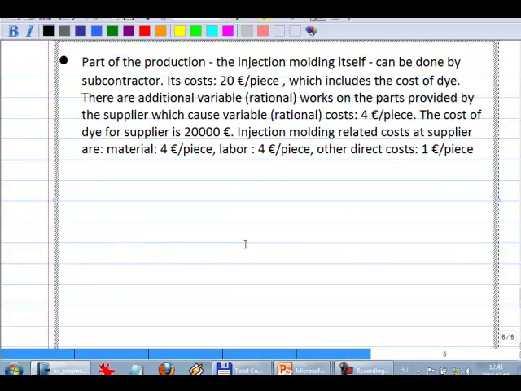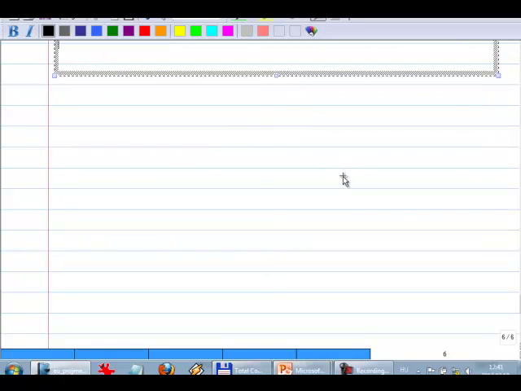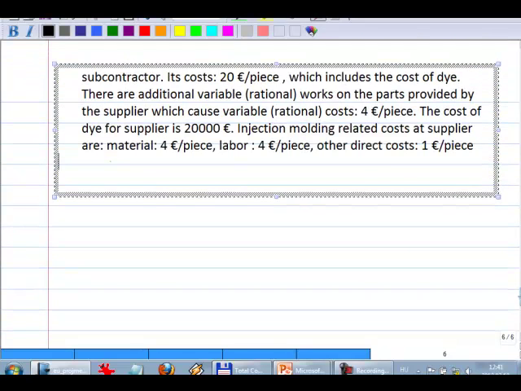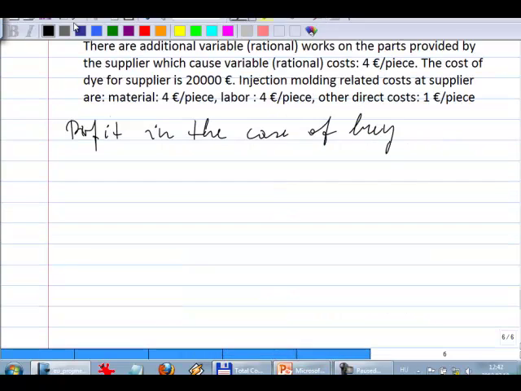How much would be other costs when we buy, and how would be our profit when we do not make but buy this part, this product? When we buy, we draw the same diagram.